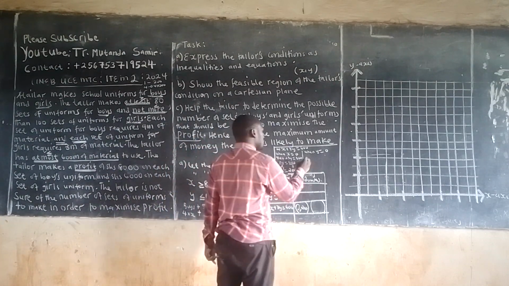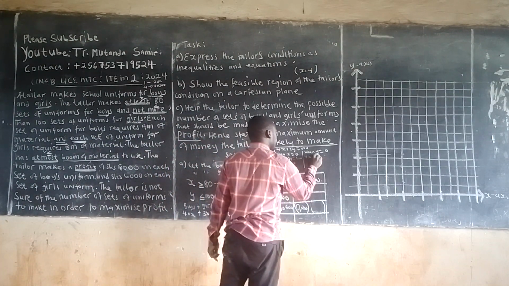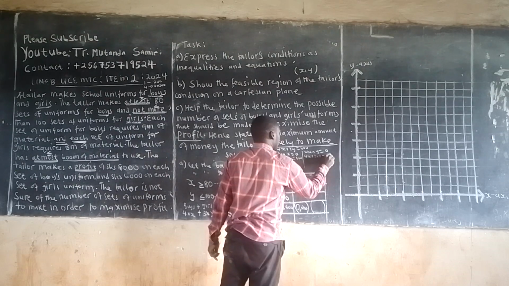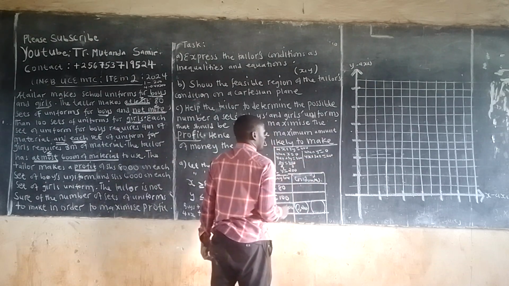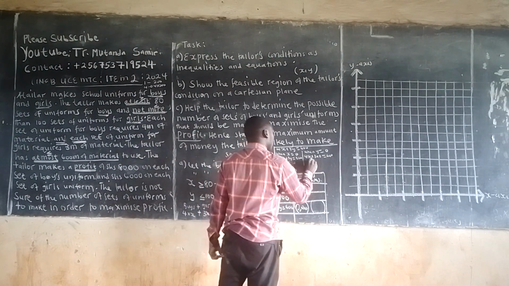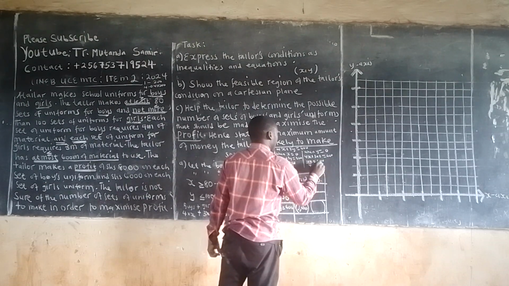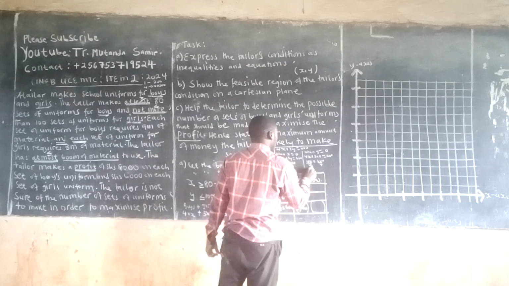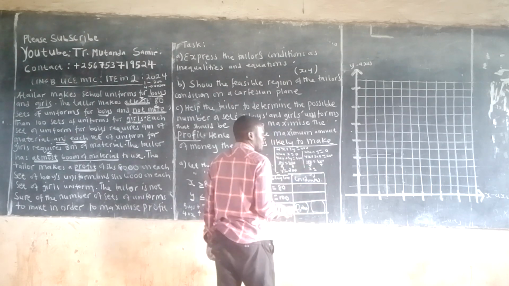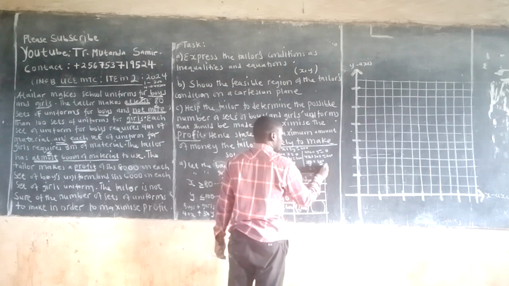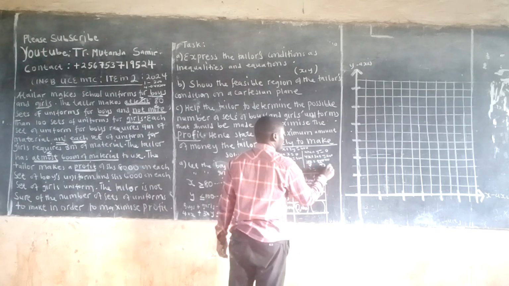From there, when y is equal to 0, we shall have 4x plus 3 times 0 is equal to 600. So we're going to have 4x is equal to 600, divided by 4, divided by 4. What will be our value of x? Let's try to reduce. By 2, we get 2. By 2, we get 300. And next by 2, 1.